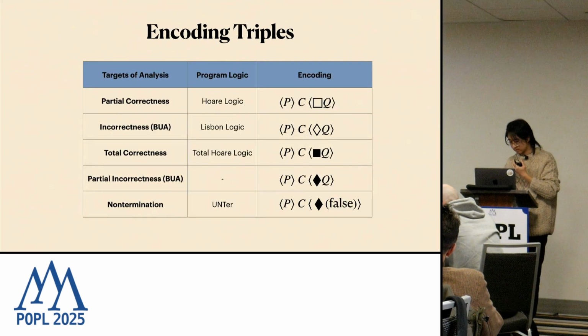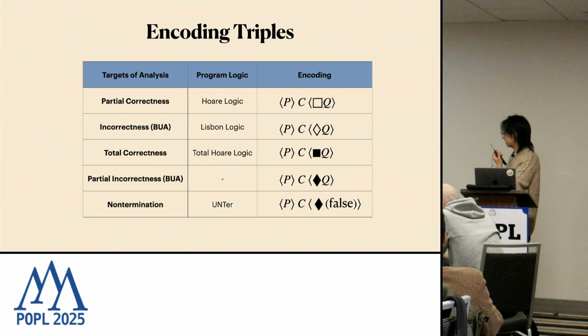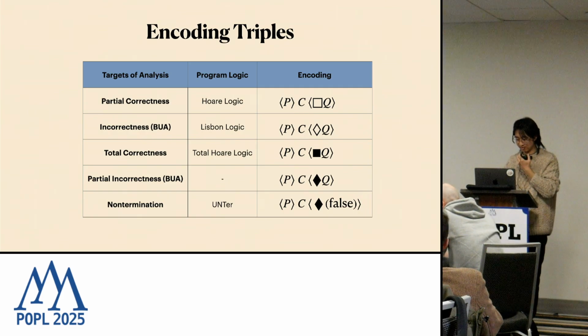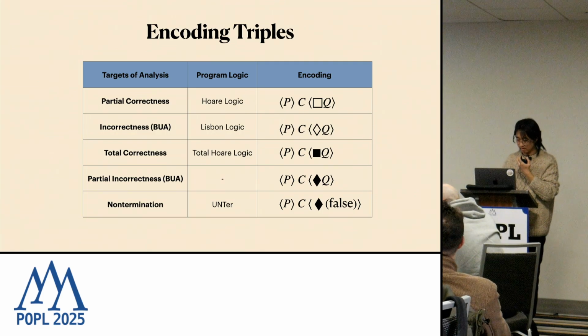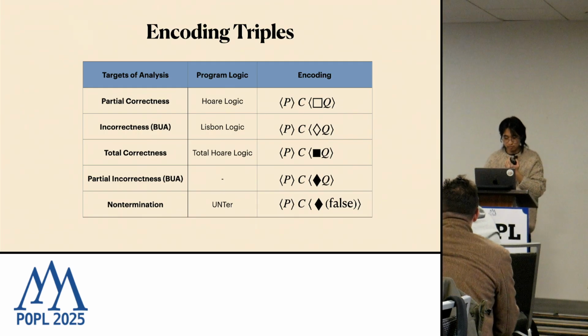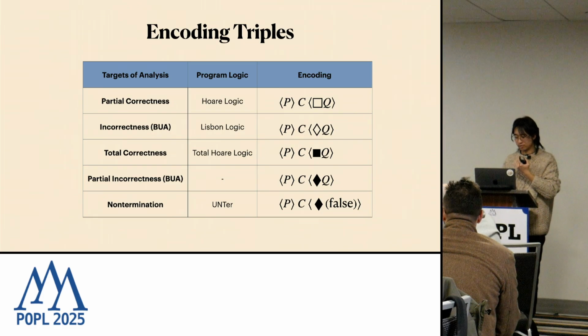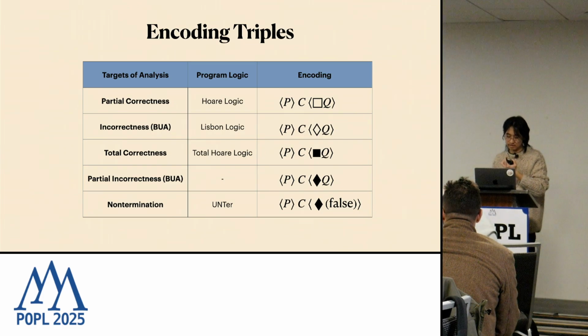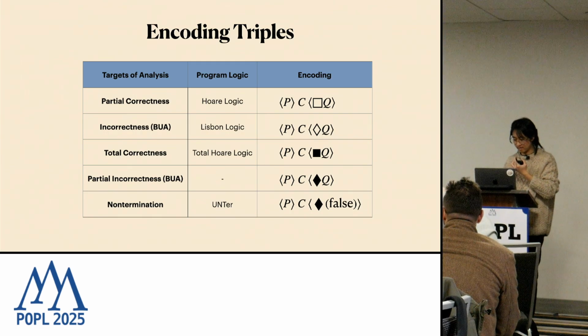So just to give a unified view of the subsumption that can be achieved in total outcome logic, we see that with our support for reasoning on divergence, we can capture total correctness and total Hoare logic using this alternative square modality, and we can capture a different notion of incorrectness in which non-termination is treated as a bug in itself.